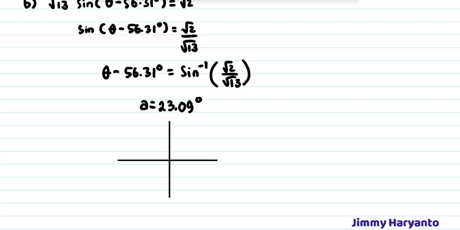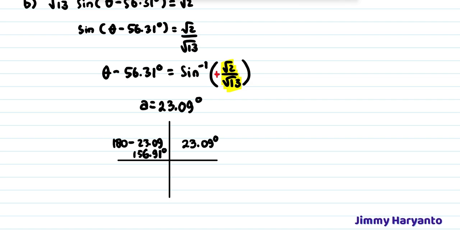And then we'll use the quadrant to determine the position of the angle. The value of the sine is positive, so it will be in the first quadrant, which is 23.09, and the second quadrant will be 180 minus 23.09. Let me calculate it first. So I will have 156.91 degrees.